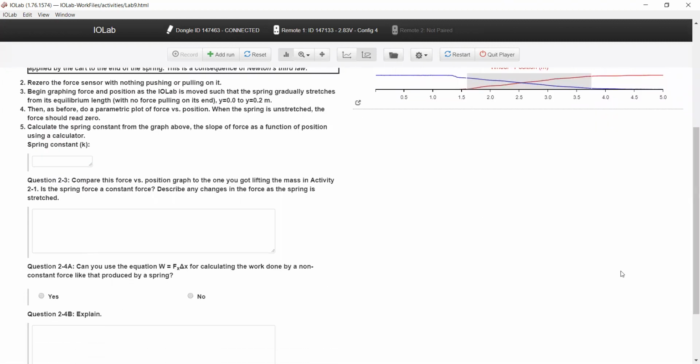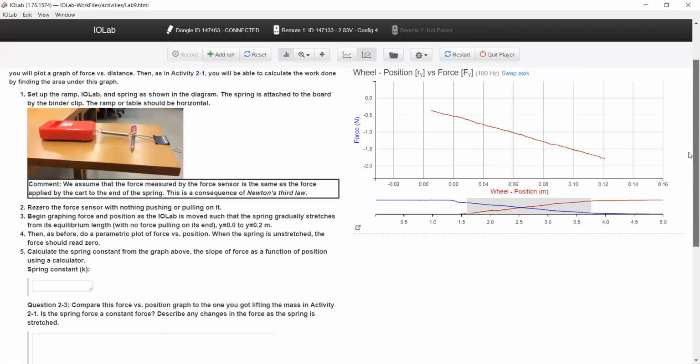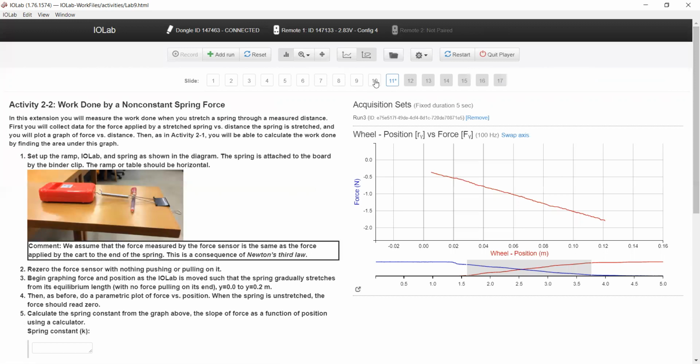Can we use the equation for calculating the work done by a constant force? For the non-constant force, it is not an average constant force, so we might not be able to use that relation. We are not able to use it because force is not constant in this case. In the previous case, force was constant.